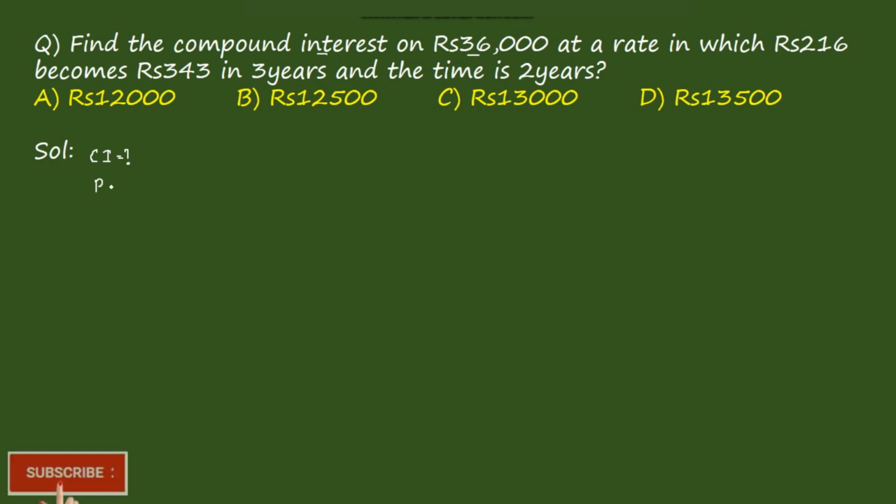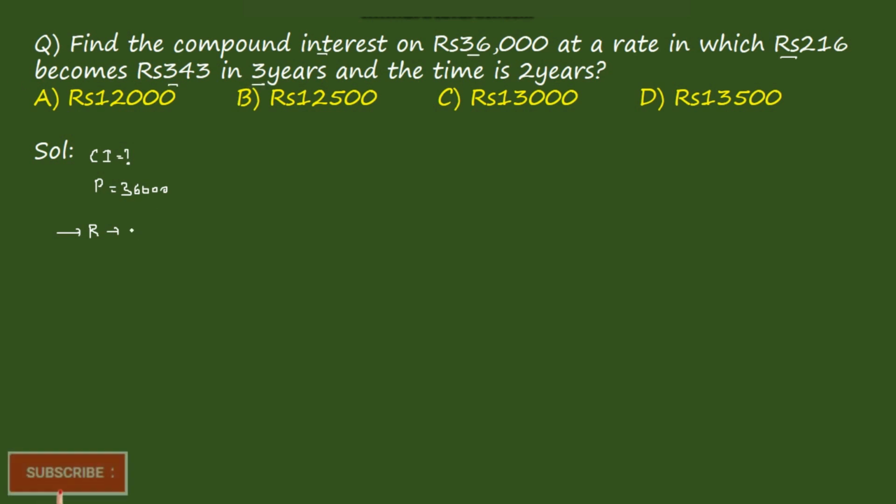So they have given the principal as 36,000, right? Again they are saying about the rate at which rupees 216 becomes 343 in 3 years.